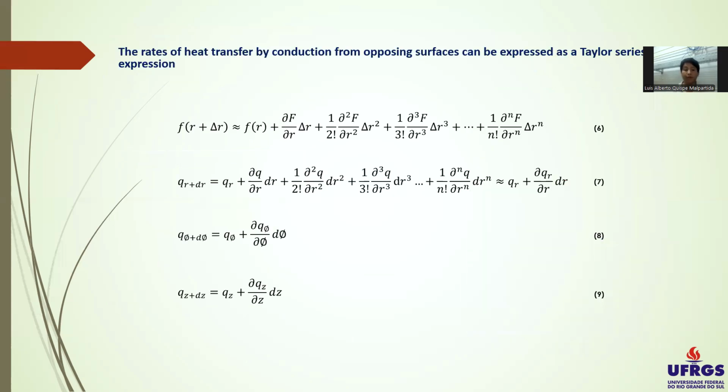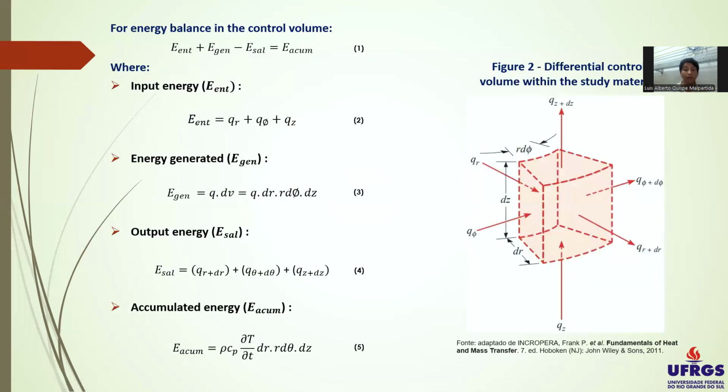To determine the heat transfer rates in each direction, we use the Taylor series expansions, as shown in equation number 6. This allows us to express the difference in heat flux between the opposite faces of the control volume. These equations, number 7, 8, and 9, are replaced in equation number 4, thus obtaining expression number 10.